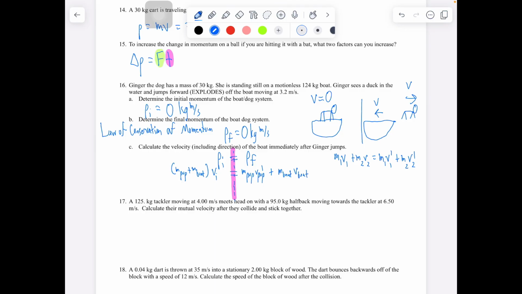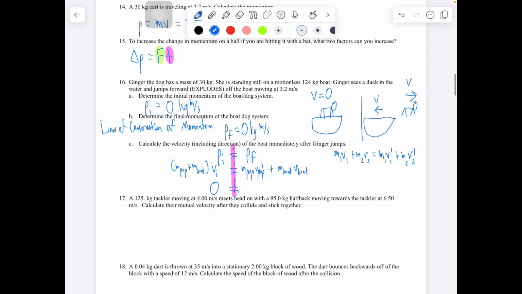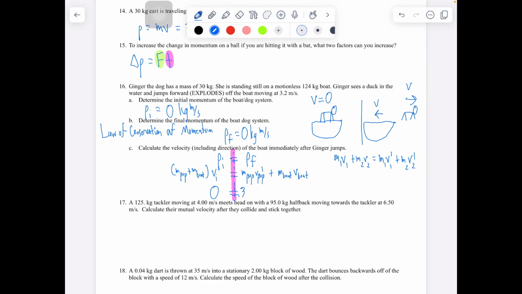If we plug in all of our values, well, we know on our left-hand side, we get 0, right? They're not moving. They have no momentum. What is the mass of our pup? 30 kilograms. And what velocity do they have after the explosion? Well, they're moving 3.2 meters per second. The mass of the boat is 124. Solve for this velocity. We do our multiplication. 30 times 3.2 gives us 96.